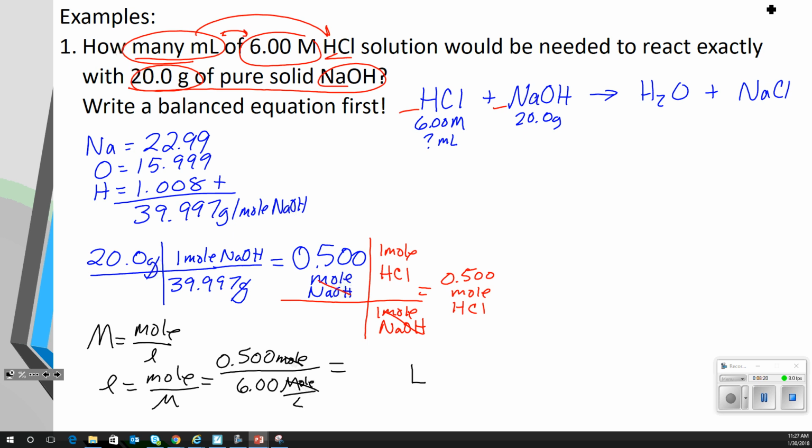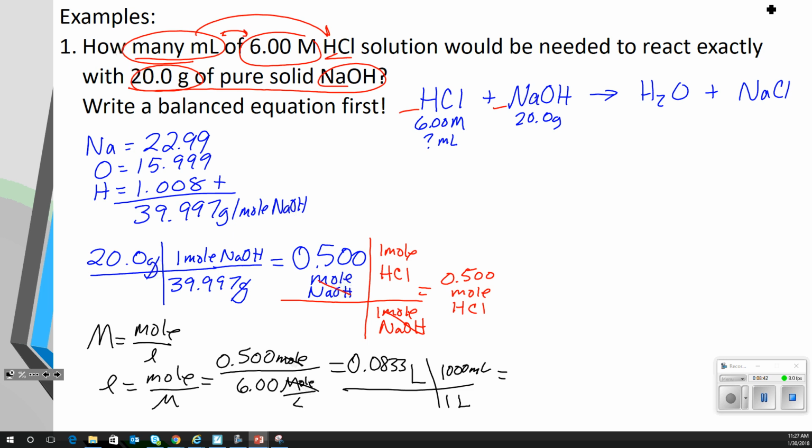So let me plug that through. Give me 3 sig figs. 0.0833. Okay, that's liters. So then I'm just going to get it out of liters. In 1 liter, there are 1,000 milliliters, right?